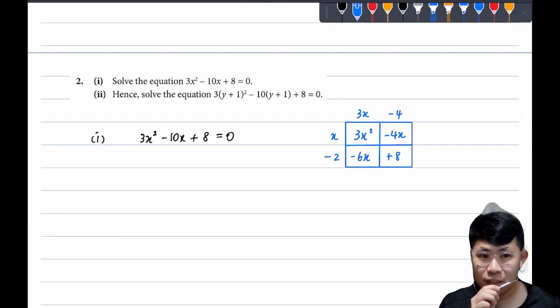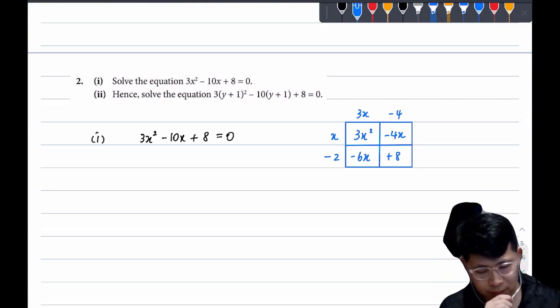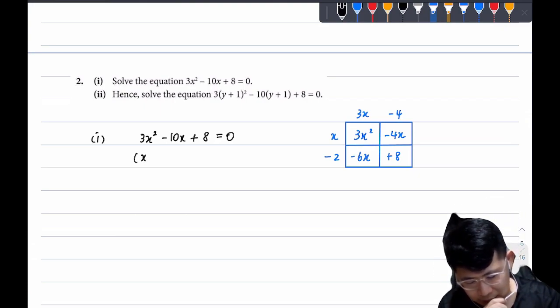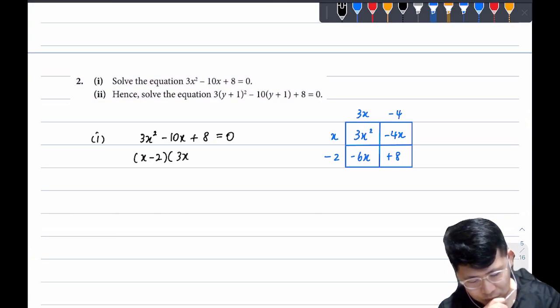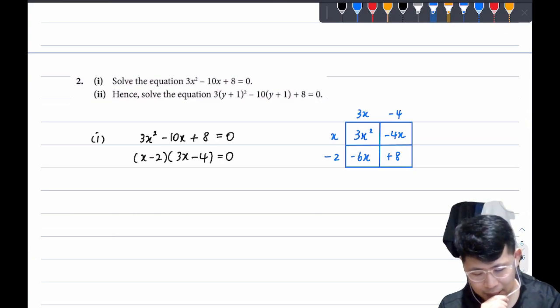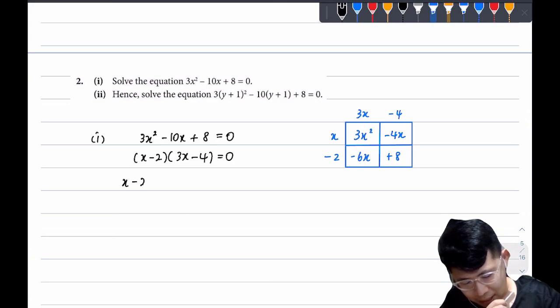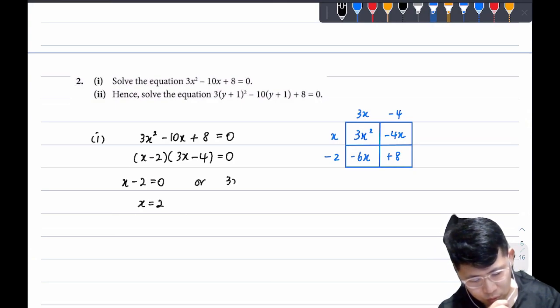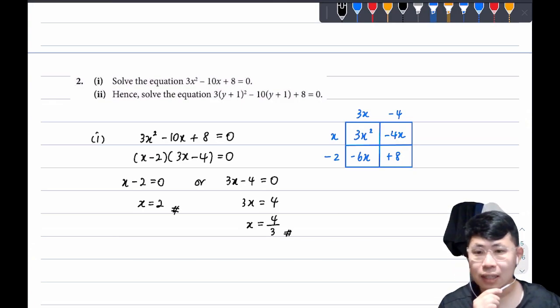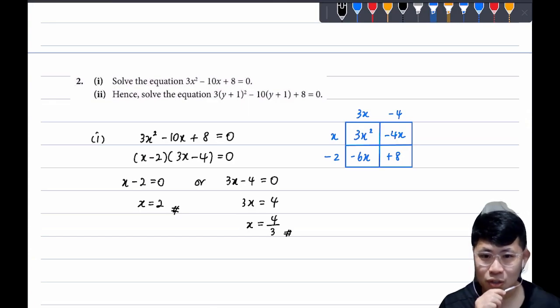When we factorize using the box method, we get this box over here, and we can write our factors as x minus 2 and 3x minus 4 equals 0. So either x minus 2 equals 0, so x equals 2, or 3x minus 4 equals 0, so 3x equals 4, x equals 4 over 3. So these are our two solutions for this question.